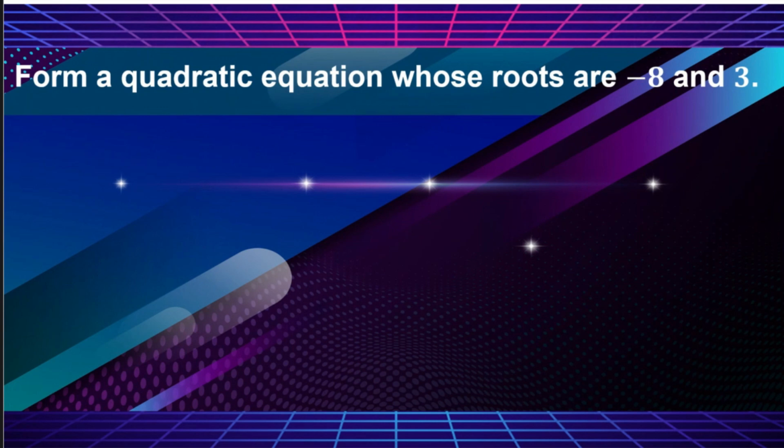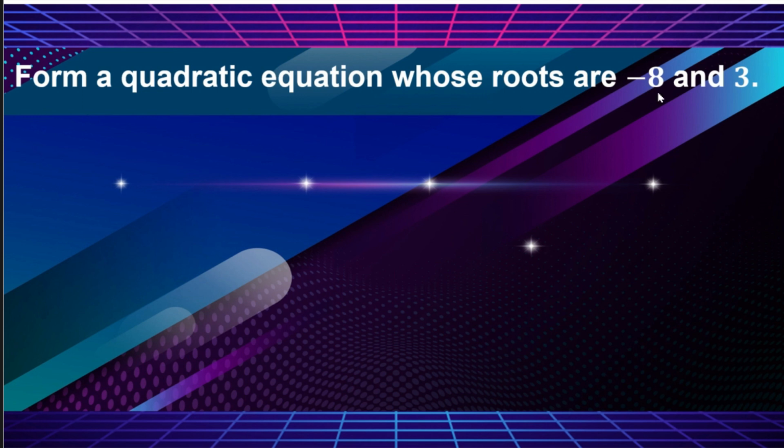Now, let's do the reverse. Instead of identifying the roots given a quadratic equation, this time we will write a quadratic equation given the roots. So kung ganina, given ang equation, you are going to identify the roots or the factors.